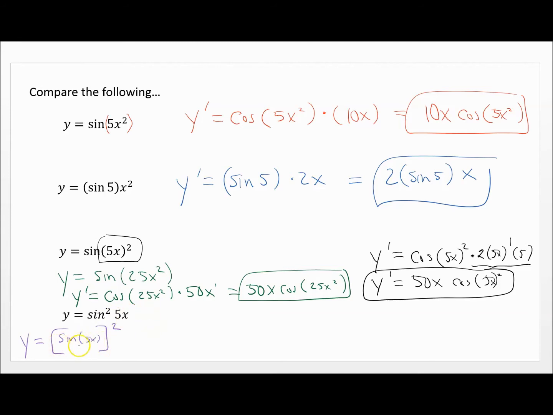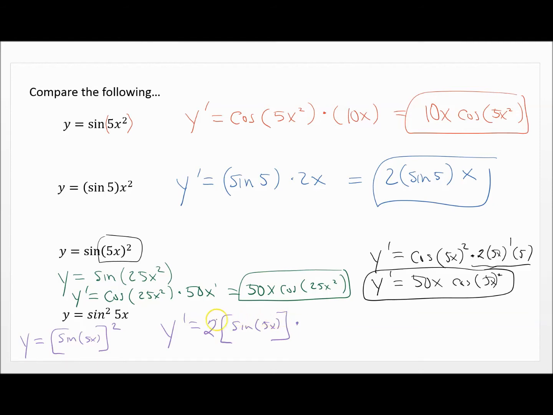And when you take the derivative, this is a better look that I have in purple here than my original problem, because the outside function is the square. So you have y prime is equal to, I'm going to handle that exponent, 2, rewrite the inside, sine of 5x, times the derivative of the inside. Now, once again, for the third time, we have to use the chain rule twice.